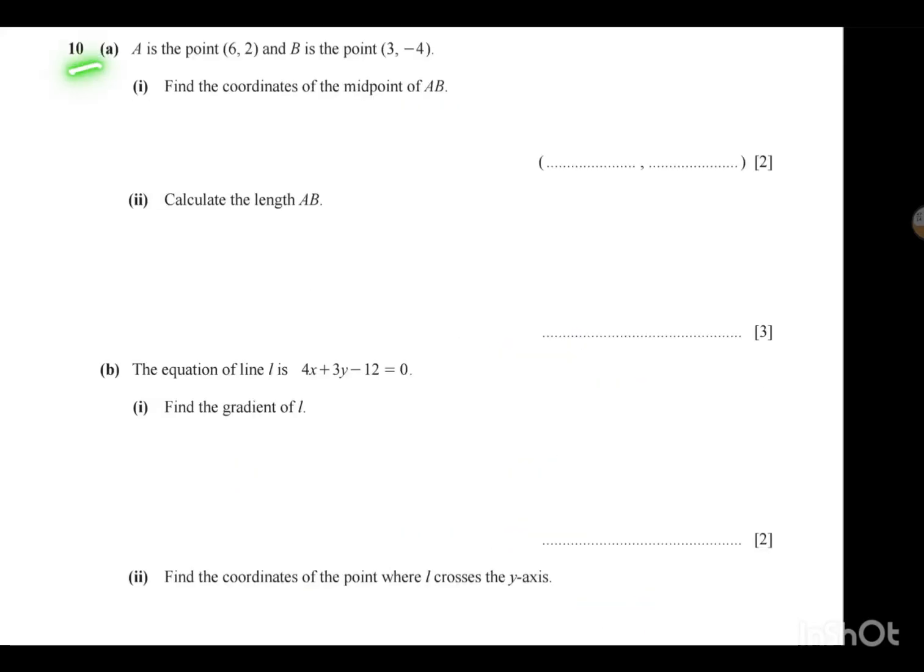Question 10. A is the point (6, 2) and B is the point (3, minus 4). Find the coordinates of midpoint of AB. Finding the midpoint is add the x coordinates, divide by 2, add the y coordinates, divide by 2. You get the coordinates of midpoint.